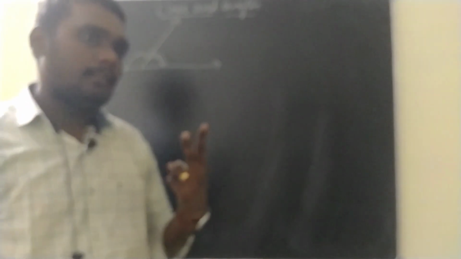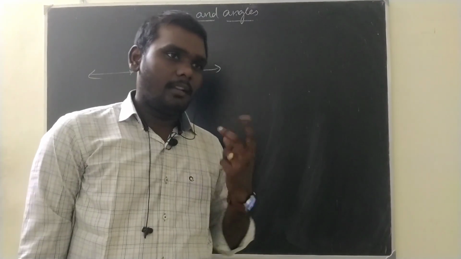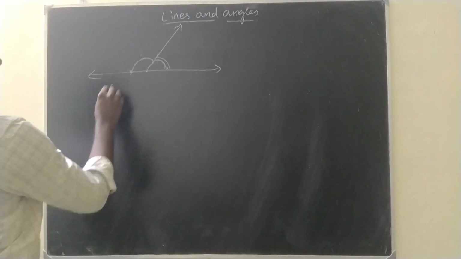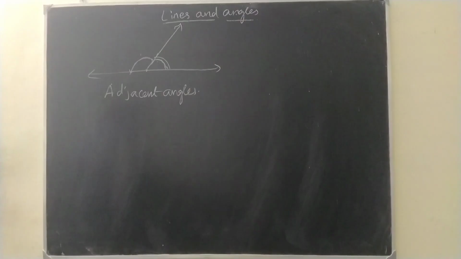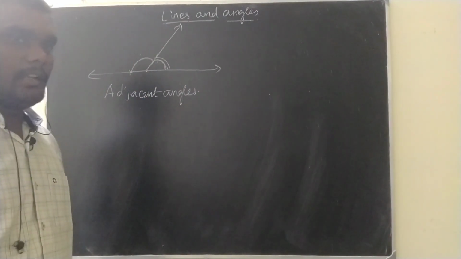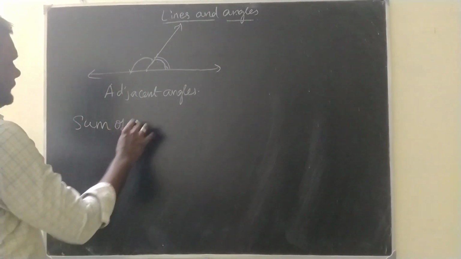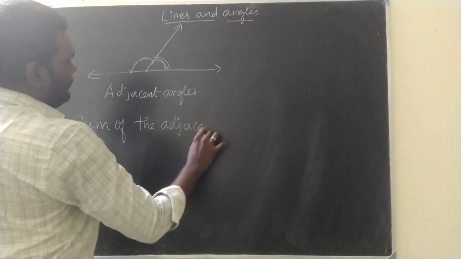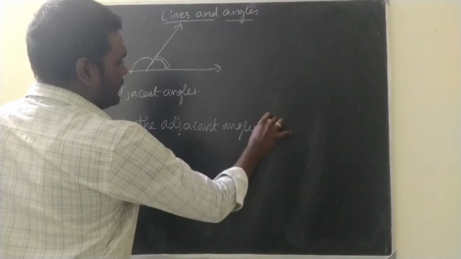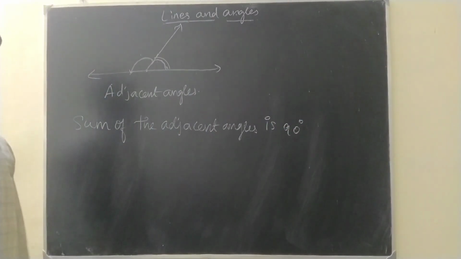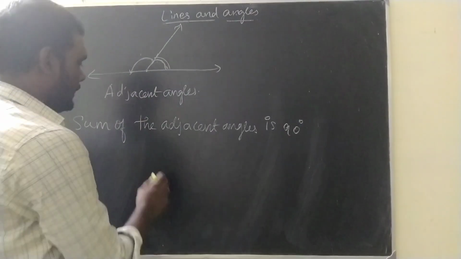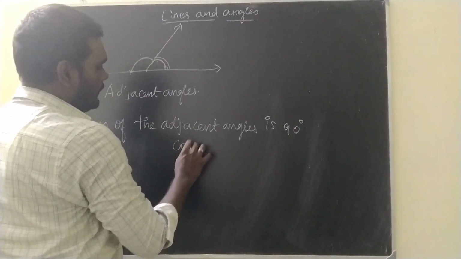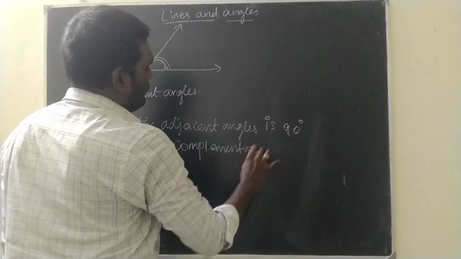Okay. So for these kinds of angles, if any two angles have a common ray, then those two angles are called adjacent angles. These kinds of adjacent angles are there, and if the sum of the adjacent angles is 90 degrees, then those two adjacent angles are called complementary angles.